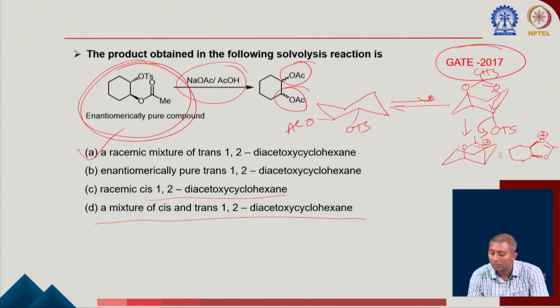So now if you think about this particular intermediate which is forming here after the NGP happening, you can clearly see that both the oxygens are actually sharing these charges.